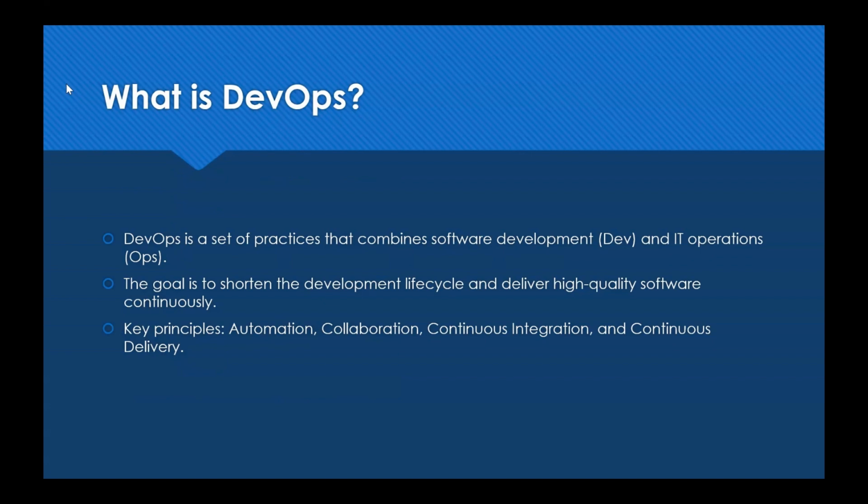Let me start by discussing what is DevOps. I already have made a video about it, so you can go and watch it if you need more details about this and other important concepts in DevOps. DevOps is a set of practices that combines software development and IT operations.